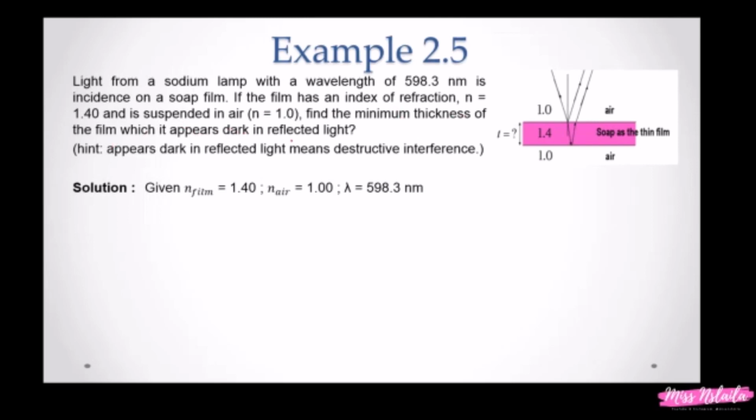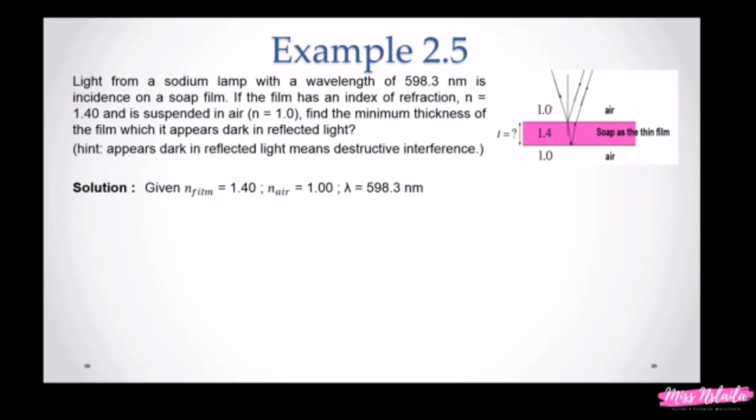Appears dark means we want destructive interference. Based on this figure, we have 3 layers of medium. The first one is air, the second one is soap as the thin film, and the third one is air again. So it is like a soap bubble.